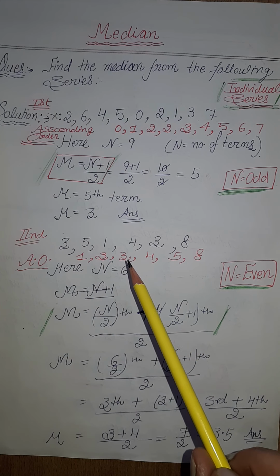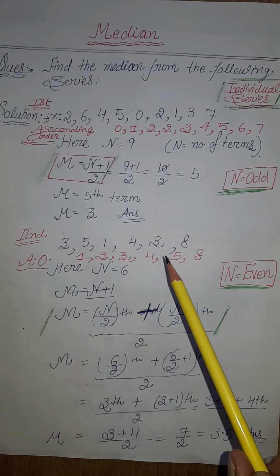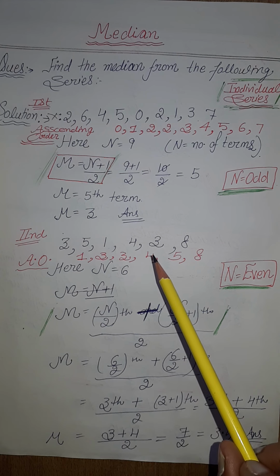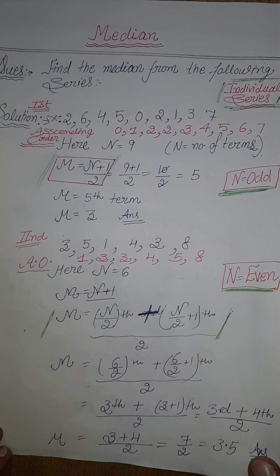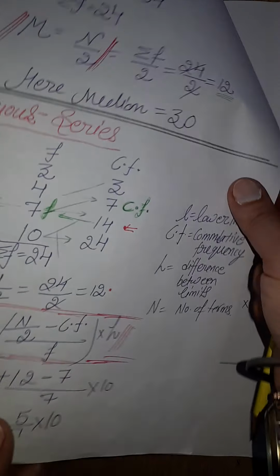In the third place we have 3 and in the fourth place we have 4. So put the value of third and fourth term. After adding we get 7 upon 2 and by dividing it we get our answer, that is 3.5.